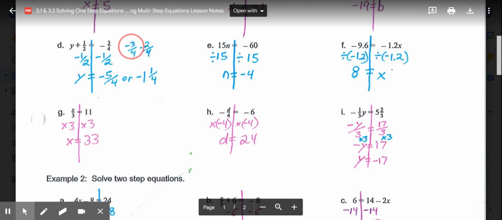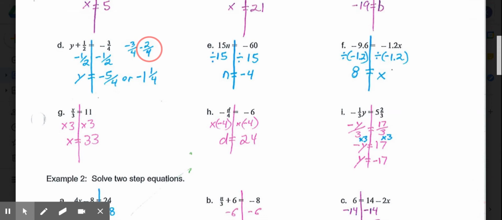So it would become a negative 3/4 minus a 2/4. So negative 3 minus 2 on top is a negative 5 over 4, or a negative 1 and 1/4 if you want to write it as a mixed number. Unless I specifically tell you to simplify, I am fine with improper fractions that are equivalent to the mixed number.